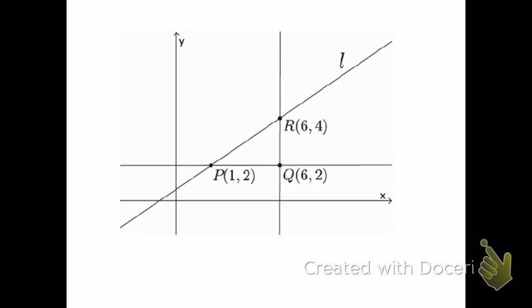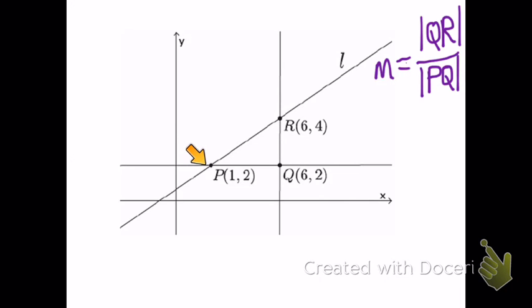But if I want to find this distance, so I know that the slope is this ratio, right? It's the ratio of the length of QR compared to the length PQ. Okay, and PQ does not have to be a distance of 1 because I know that it's this general ratio here. So I need to find these two lengths. Here's QR and here's PQ.